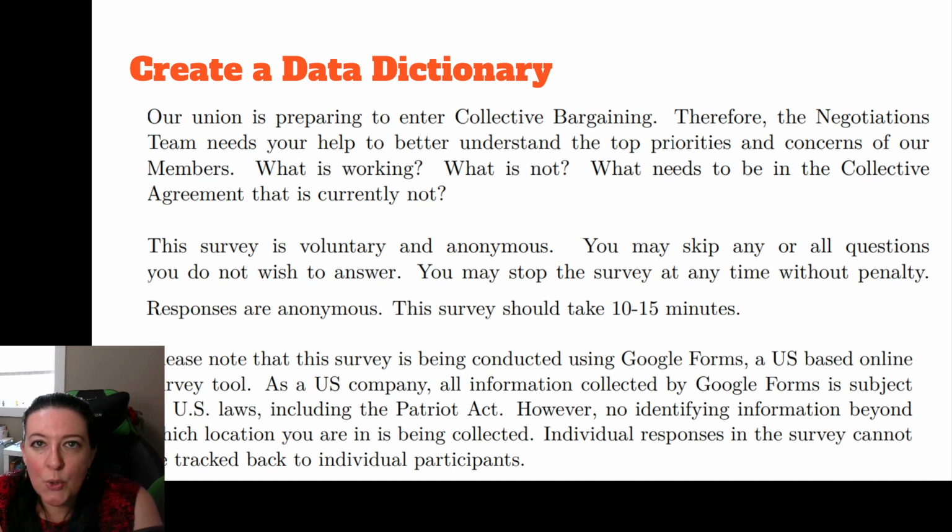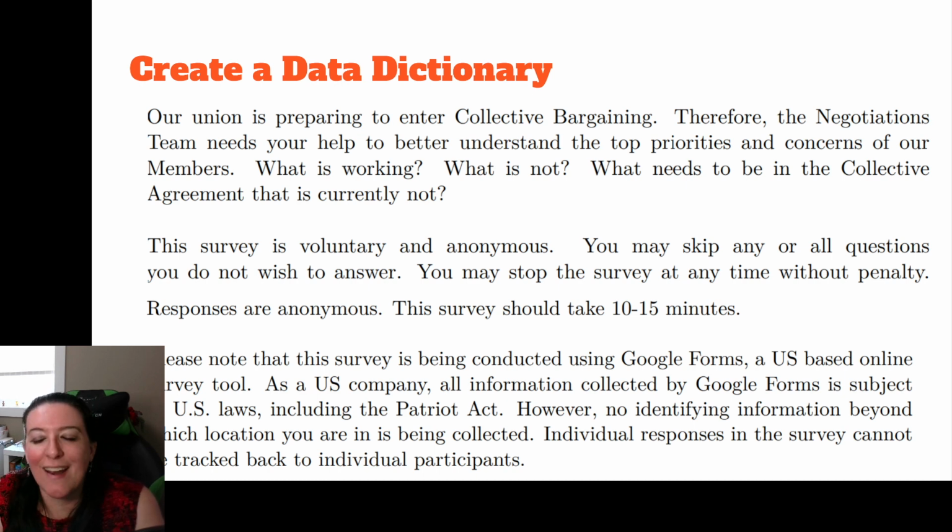And in order to abide by ethics, we have here what is being collected, who's doing the collection, that the survey is voluntary, that it's anonymous, that they can skip any or all questions, and how much time the survey takes. And in this case, if we're using a Google form, then we have differences between regulations and policies in Canada versus the US.